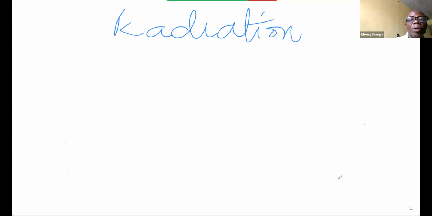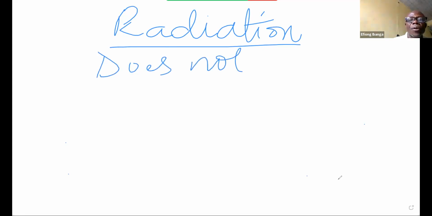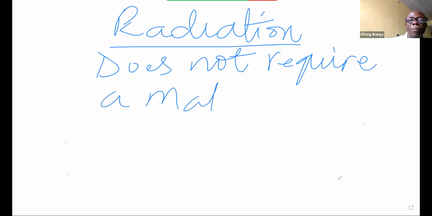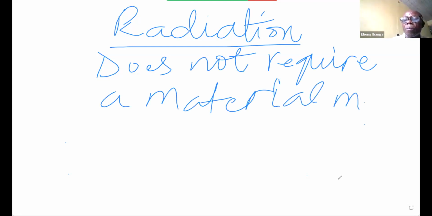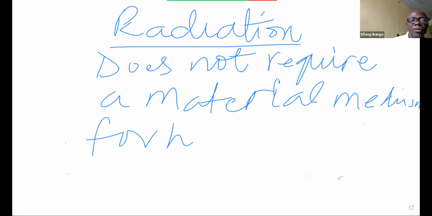Radiation does not require a material medium for heat transfer.